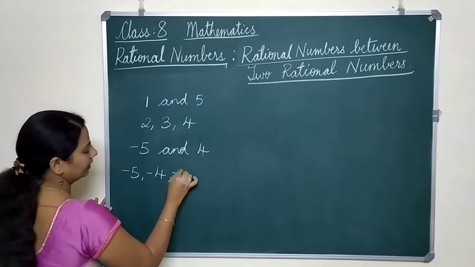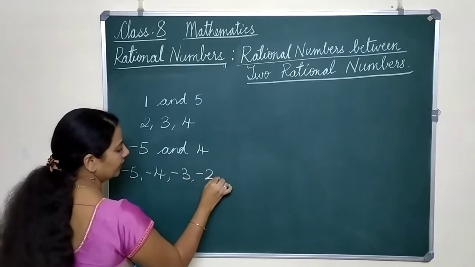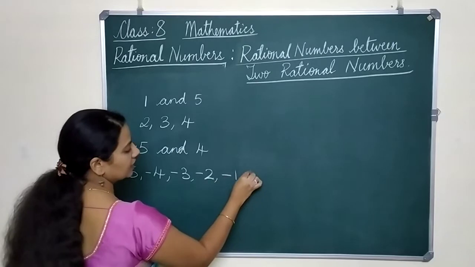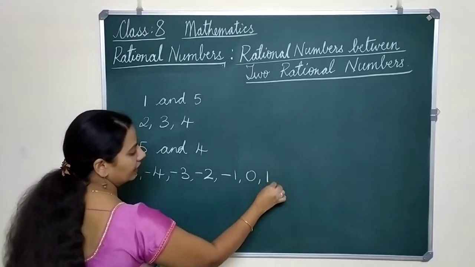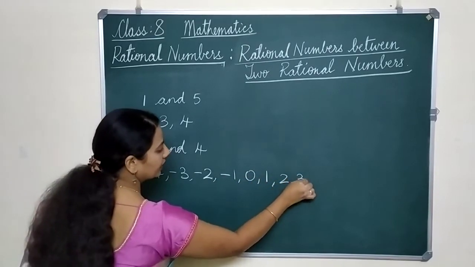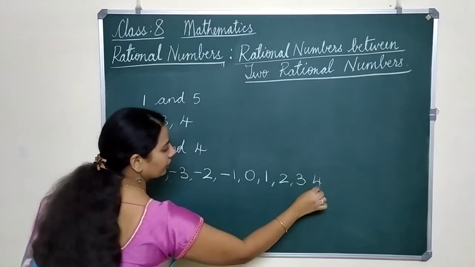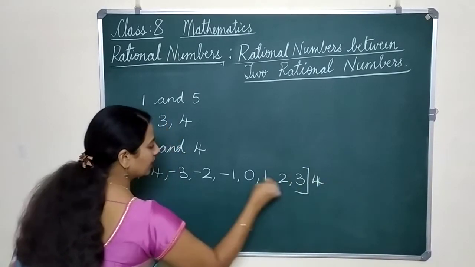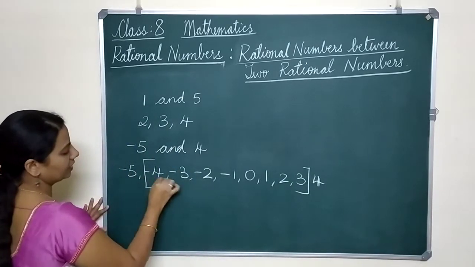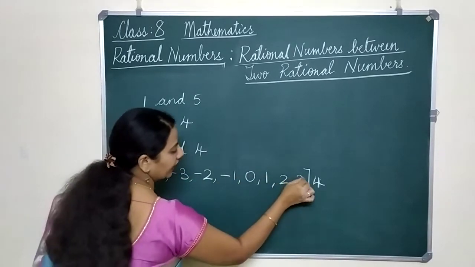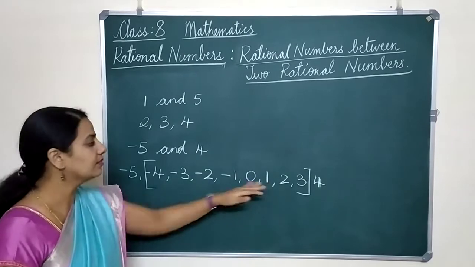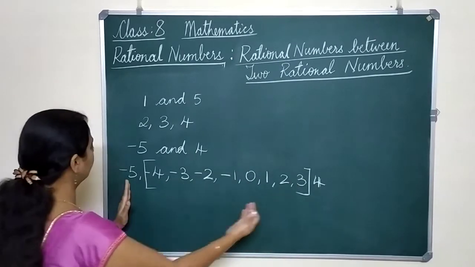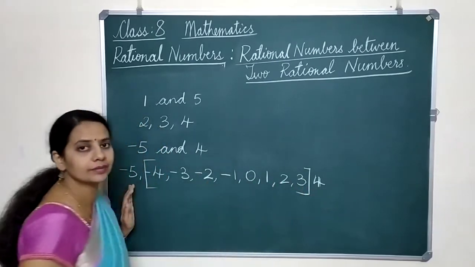Then -3, then -2, -1, 0, then 1, 2 and 3. Then comes your 4, right? So these are the numbers 1, 2, 3, 4, 5, 6, 7, 8. So these 8 numbers come in between -5 and 4.